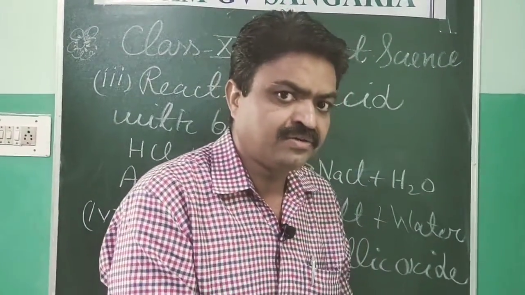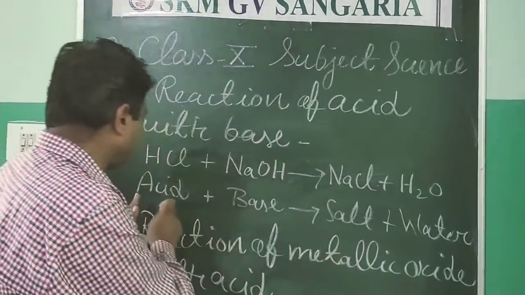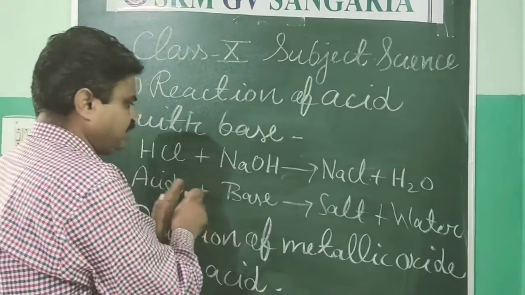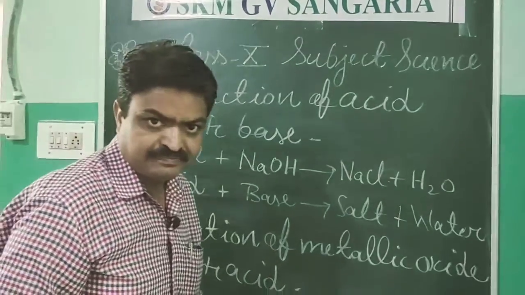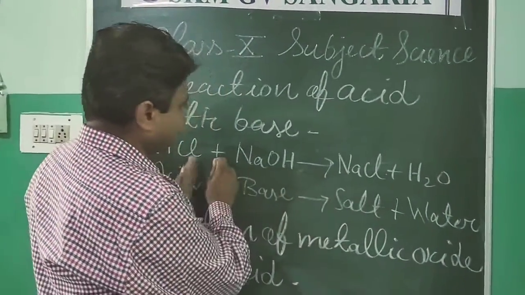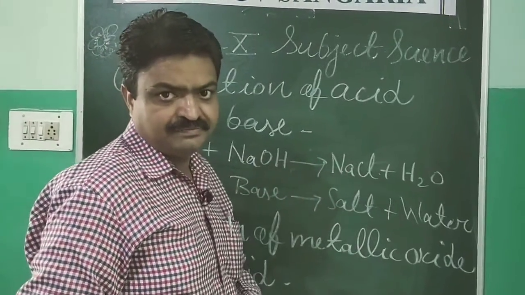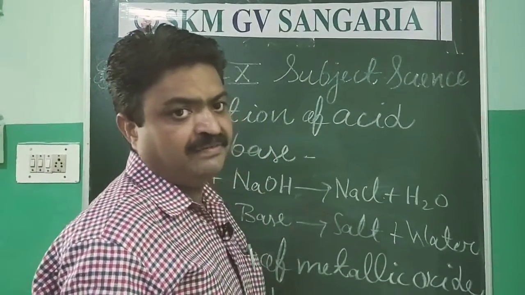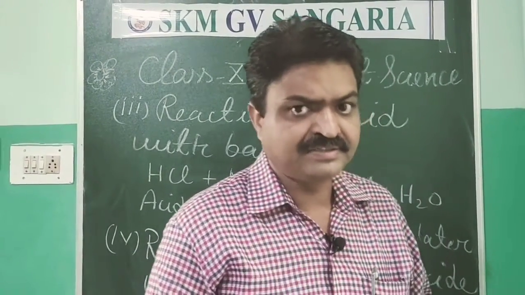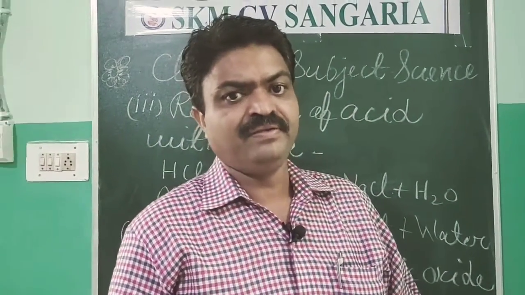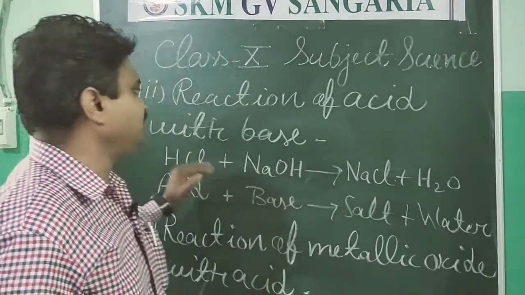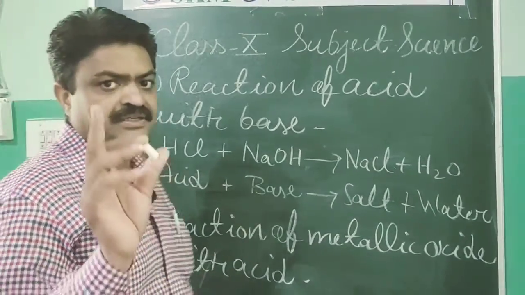Why do we call it neutralization? Because here hydrochloric acid and NaOH have similar concentration or similar type of nature. When they react with each other, they form NaCl, and NaCl is a neutral salt. It is neither acidic nor basic. That's why this reaction is also known as neutralization reaction, student.